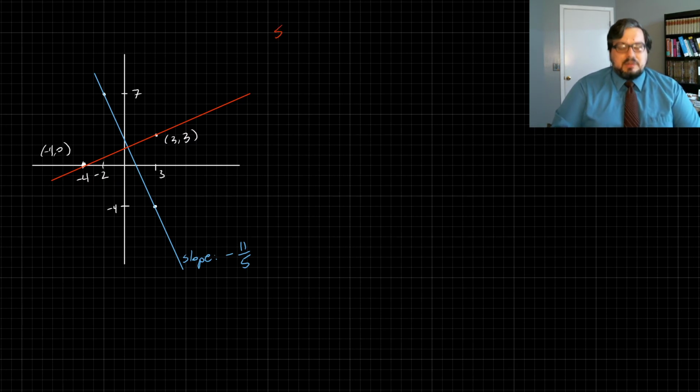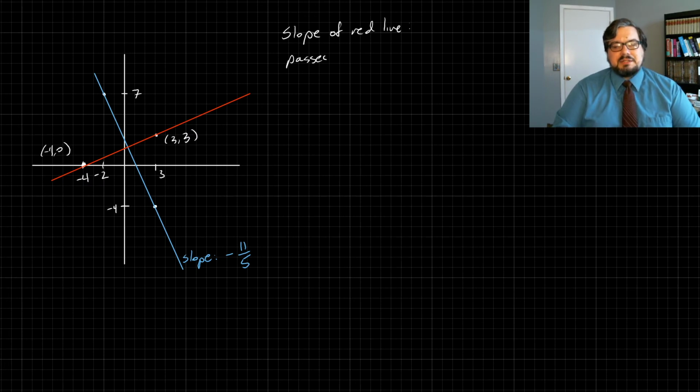So now we can calculate the slope of the red line. The first thing we want to do is identify 2 points that it goes through. And in this case, we see it passes through the points -4 comma 0 and 3 comma 3.